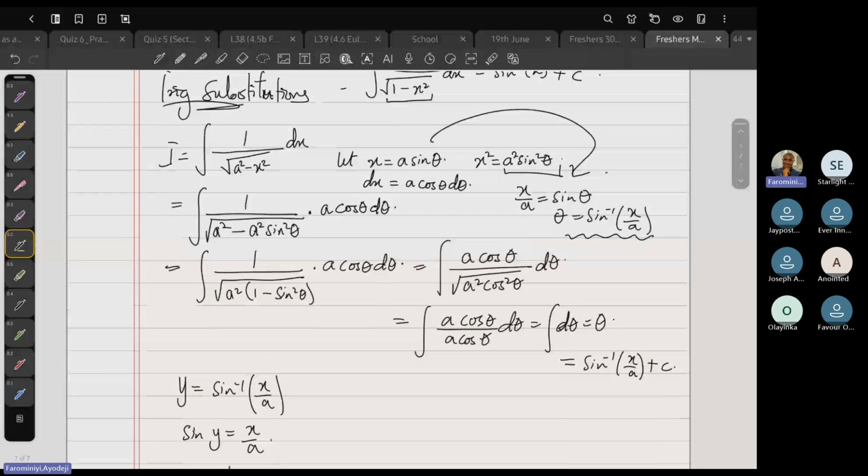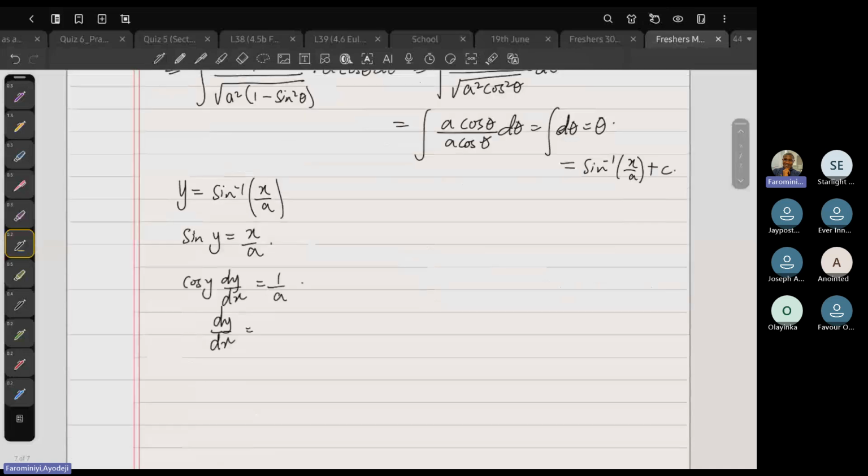Then yes, that's correct. Okay. So dy/dx is equal to 1 over cos y times 1 over a.